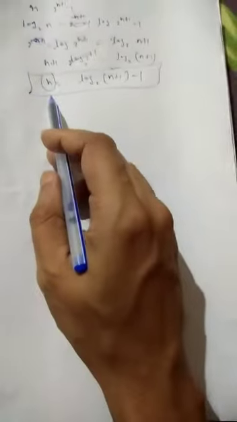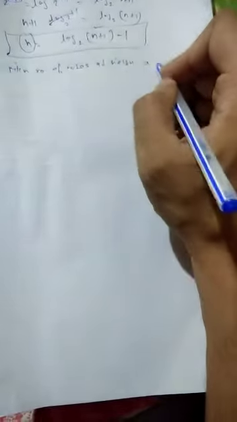Okay, for this maximum number of nodes, you calculate the minimum height. Then there is another formula also for the minimum number of nodes. What is the height for the minimum number of nodes? Height is equal to n minus 1.